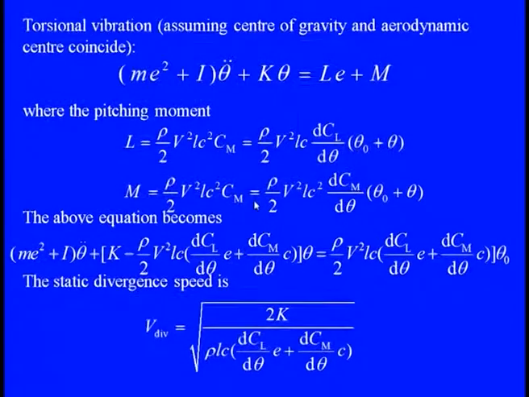We can also bring down the dynamic features to the static diverging speed: V diverging equals the square root of 2k divided by rho L C dC_L by d theta, or dC_M by d theta.